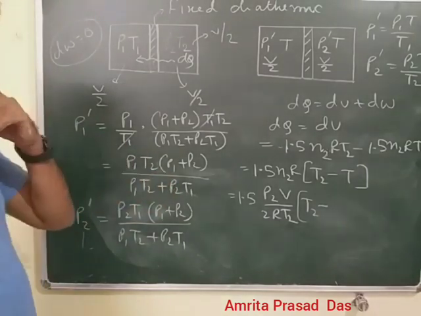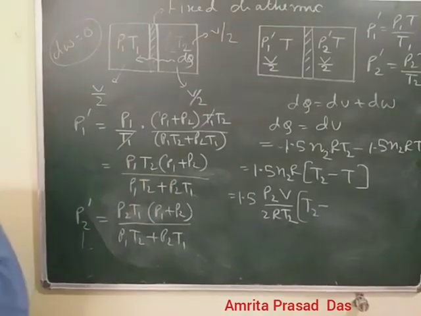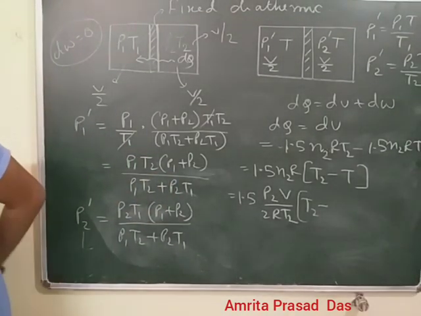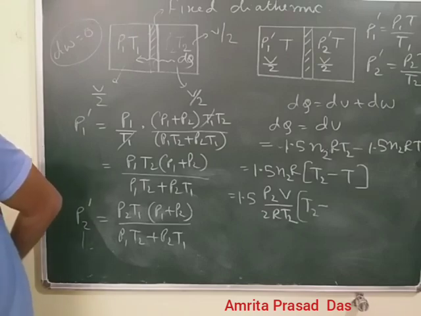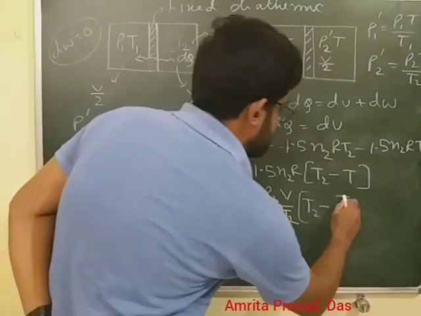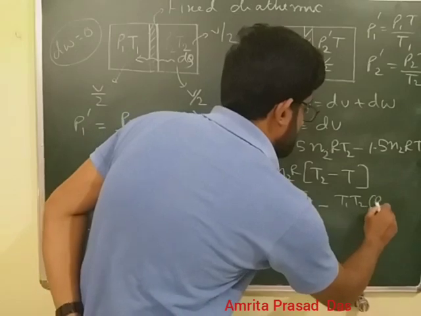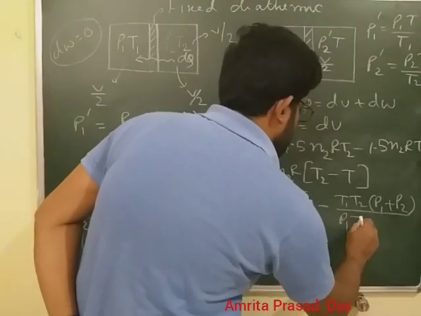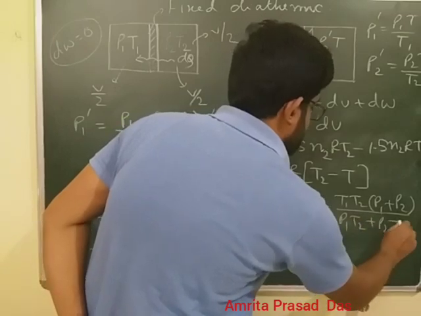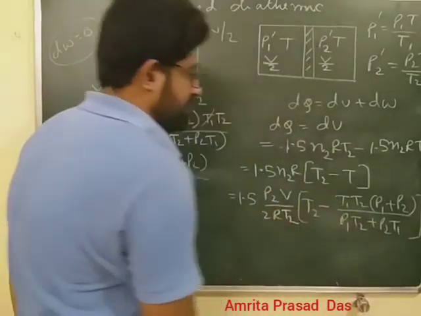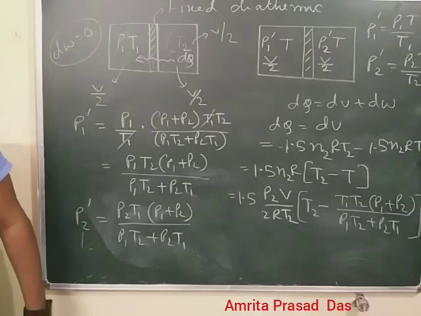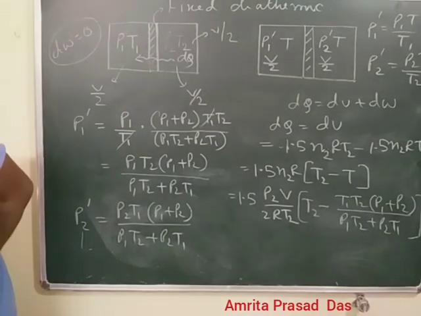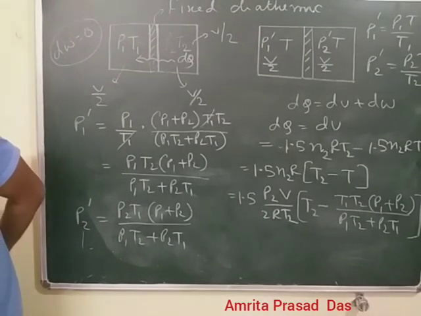We know the expression of final temperature. Now put it that this is T1 T2 (P1 plus P2) divided by (P1 T2 plus P2 T1). This was the expression of final temperature of the system. Now we have to calculate this to find out the final answer.